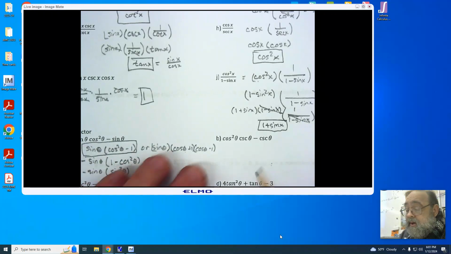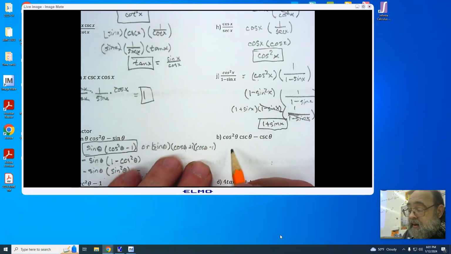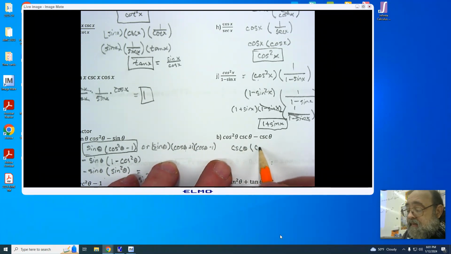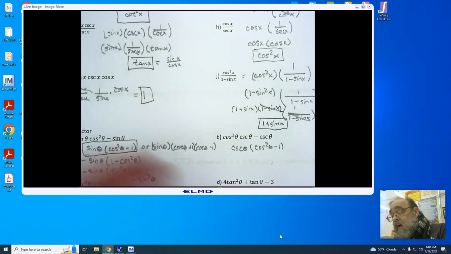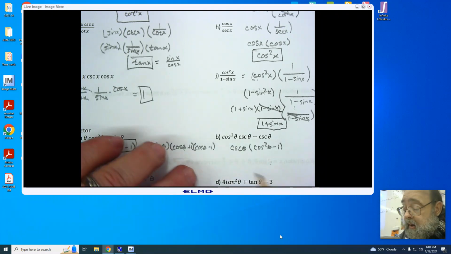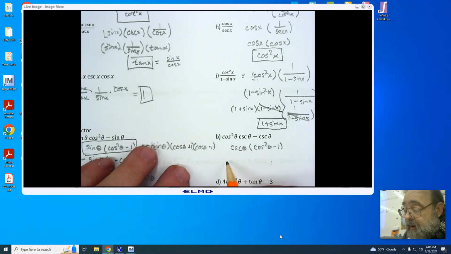So if all I'm trying to do is factor, I can see there's a cosecant. So the cosecant of theta is coming outside, leaving me with the cosine squared of theta minus 1. Once again, we know this is 1 over sine. This is not correct if we are trying to put it into terms of sine, and would force us to factor out a negative.